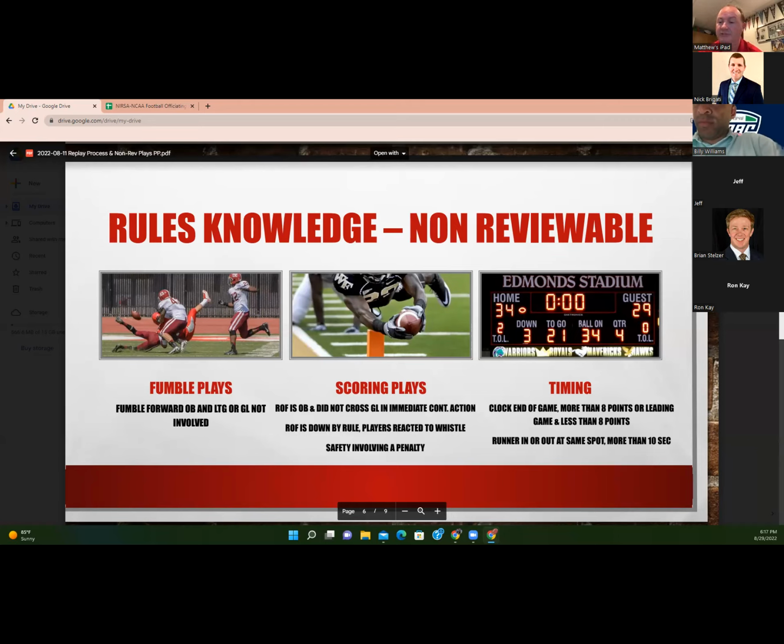Or ball is loose, recovered by the defense. Just give me facts. That's all that we're asking for from the communicator. Nick, to your point, does that help? In between plays, the communicator is still on the field narrating what's going on while the replay official is looking at the monitor. Sure. Yes.